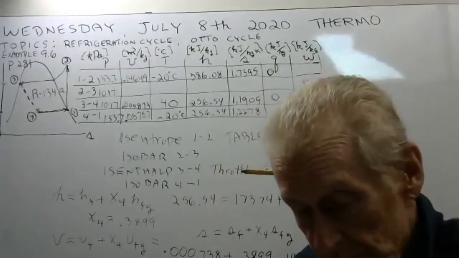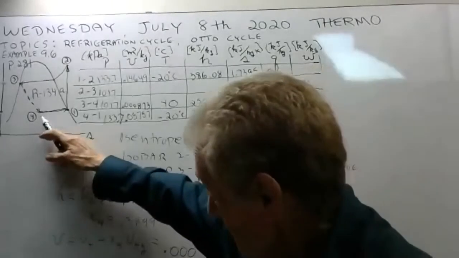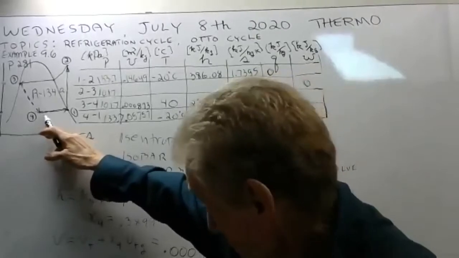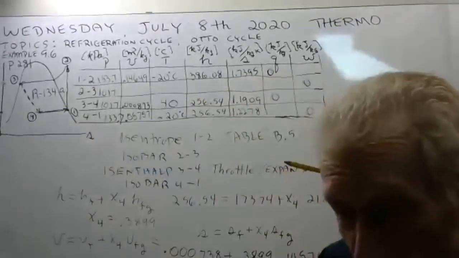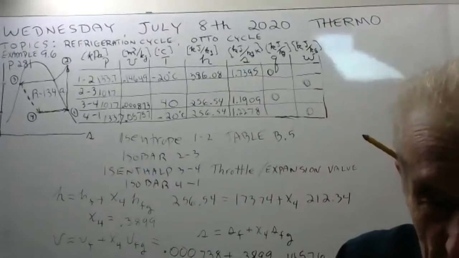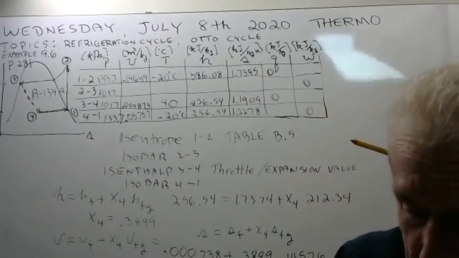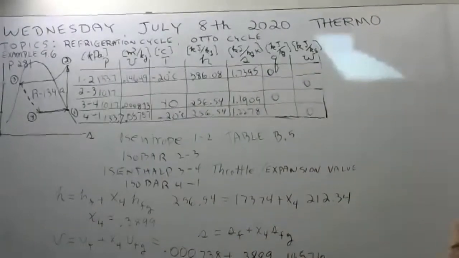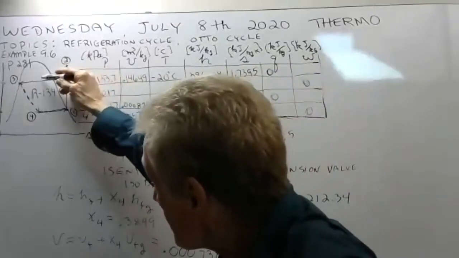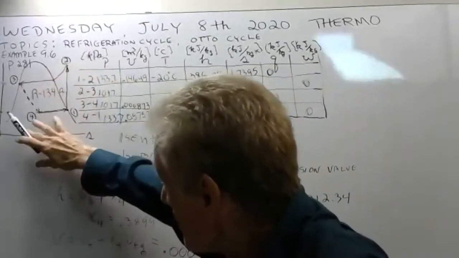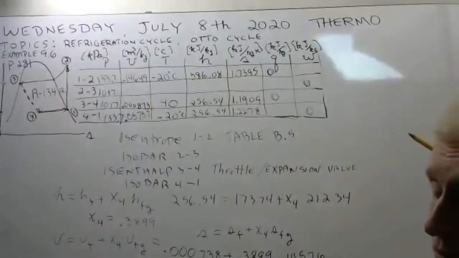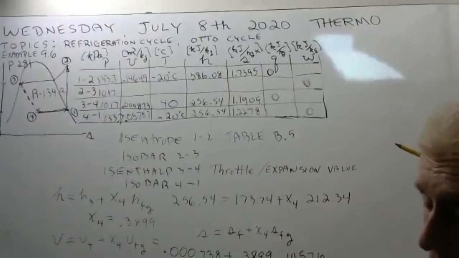Cameron, what is 4 to 1? That's a process, but what kind of process? What's the name of that process, Cameron, from 4 to 1? An isobar. Yeah, it's an isobar, you're right. And see, this is a turbine, this is a condenser, this is an expansion valve, but what is the device, Cameron, from 4 to 1?